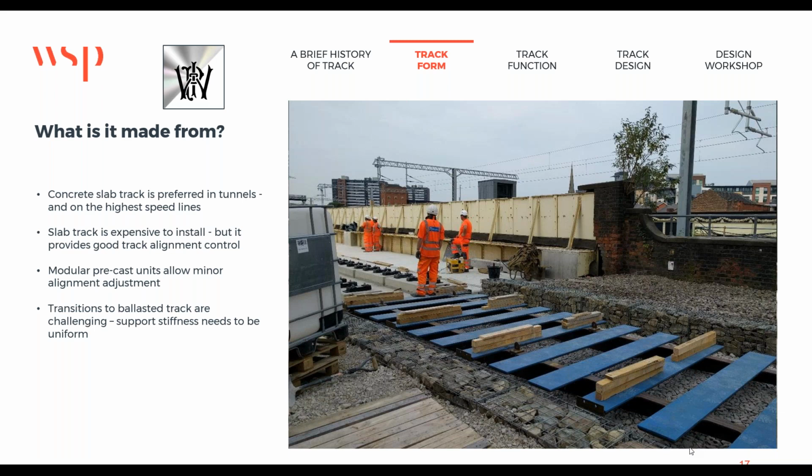So when we're designing our transitions, which have the change in cant, we're actually designing a twist, but our design twist is kept at a gradient of no steeper than 1 in 500. When you get to twist faults that will derail trains, you're talking about twist faults less than, say, 1 in 100, and the lower you go, the more likelihood you have of a derailment.